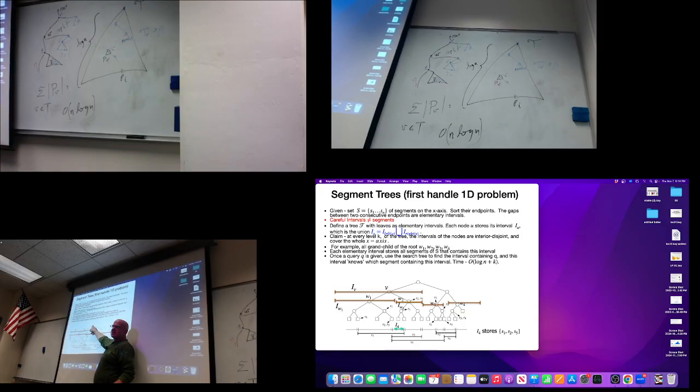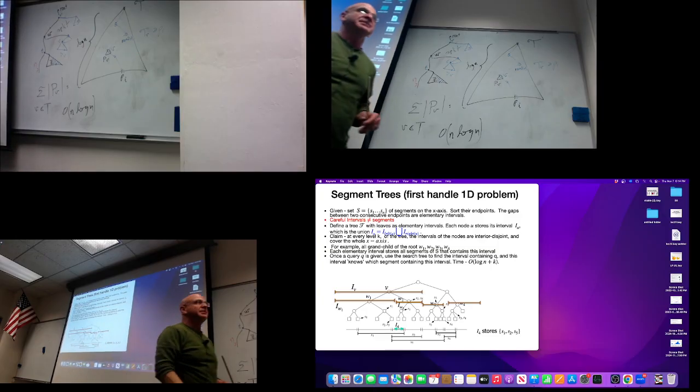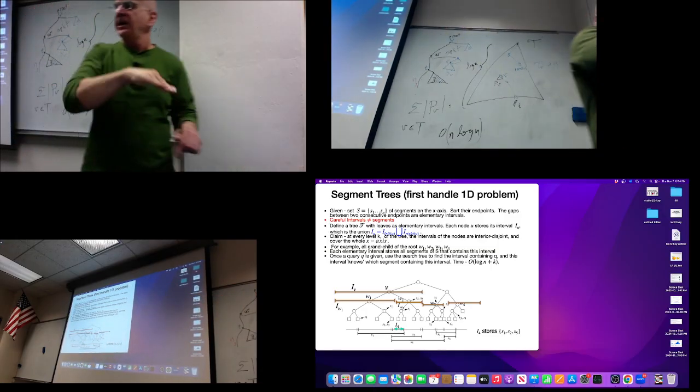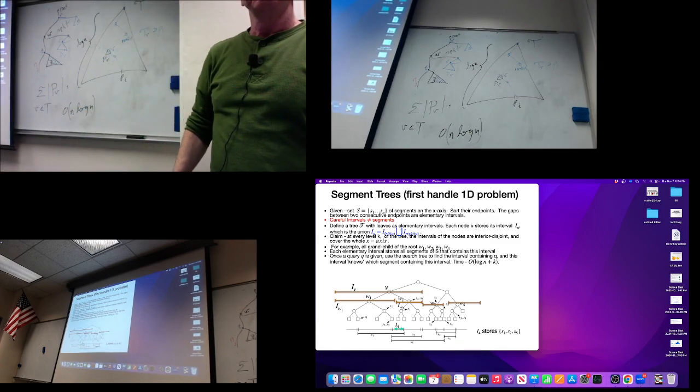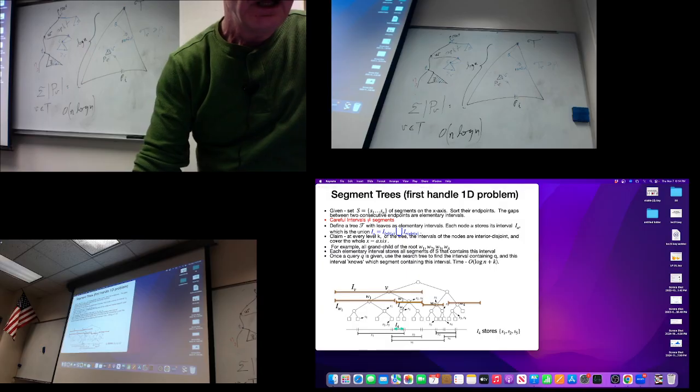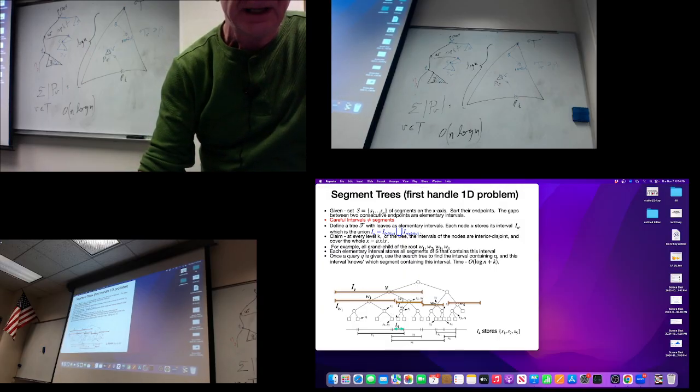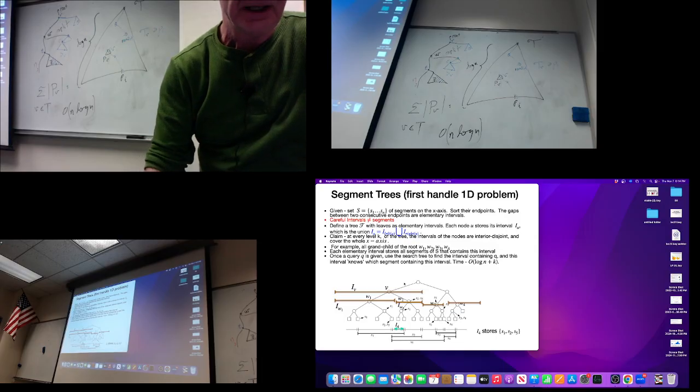Finally, this node has as its interval the whole x-axis. That is, at every level, I cover the whole x-axis.